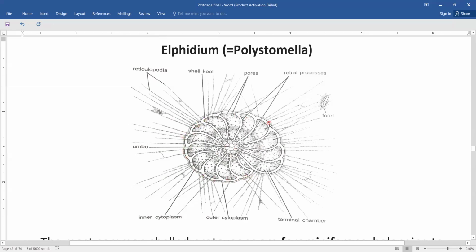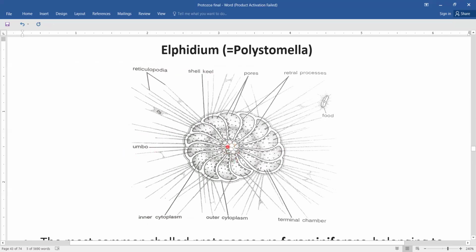Anyway, here is the shell of the Elphidium. It is smooth at the edges of the shell. That is called the keel. Okay, and at the center, the middle part of the shell, there is a rounded structure called umbo. It's not a chamber.